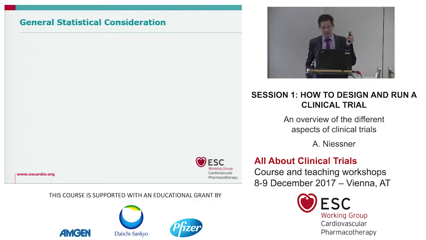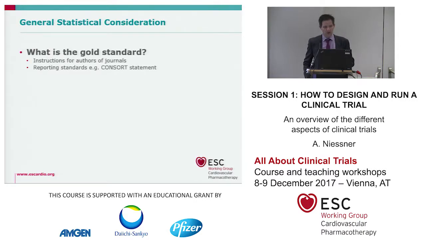Some general statistical considerations, we will go into this topic in more detail later on. You have to think what is the gold standard. You have some reporting standards like the CONSORT statement, which tell you how to do statistical analysis and how to report it.